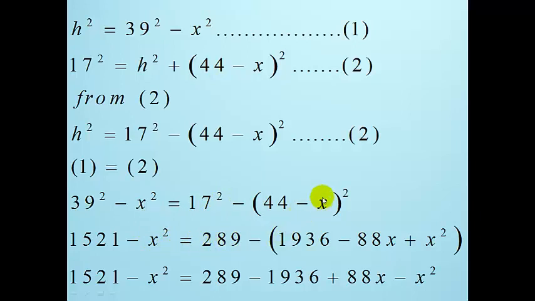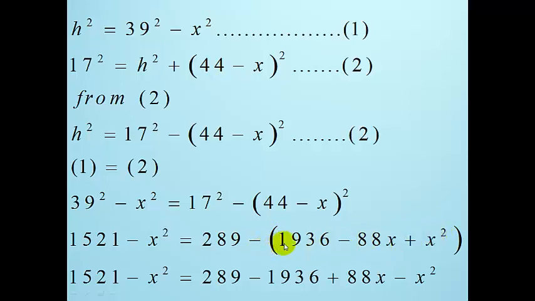Now let's simplify the expression in the bracket. When we expand (44 minus x) all squared, the result is 1936 minus 88x plus x squared. Because we are opening the bracket, take note that we have minus 1 outside the bracket, and therefore minus 1 multiplies all the terms in the bracket.